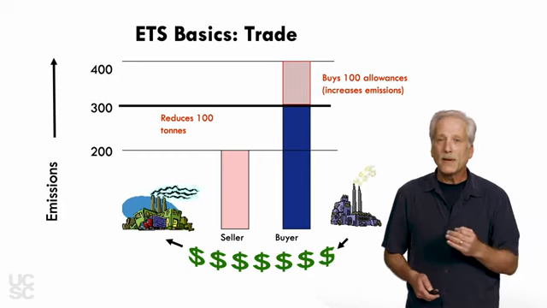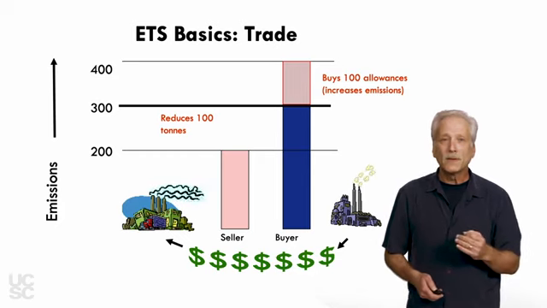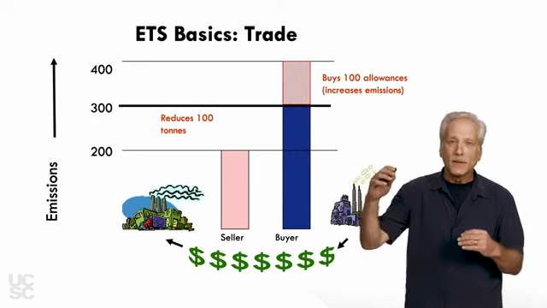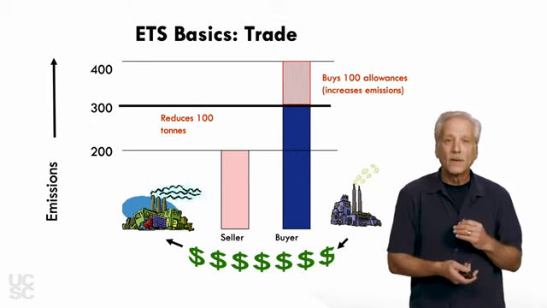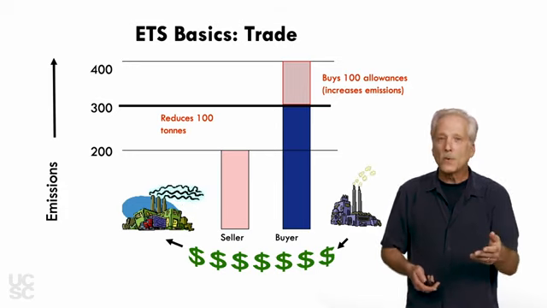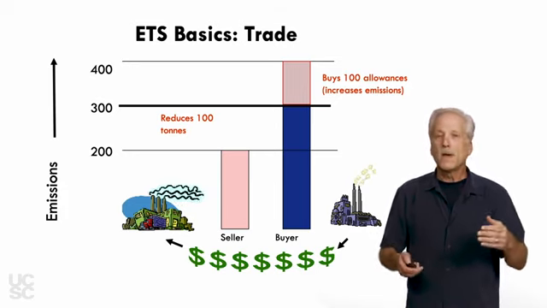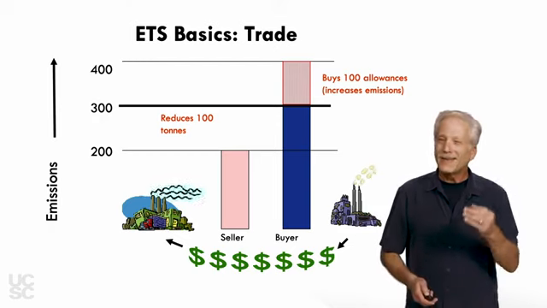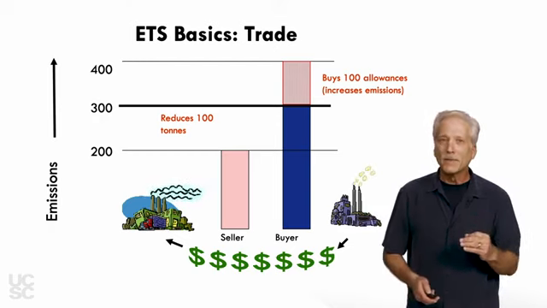Between the buyer and the seller, emissions don't increase. The seller reduces the emissions, the buyer increases, and the buyer delivers money to the seller. The seller uses that money to put on more technology, or to pay its workers, or to create a more sustainable operation. That's the second element of cap and trade.